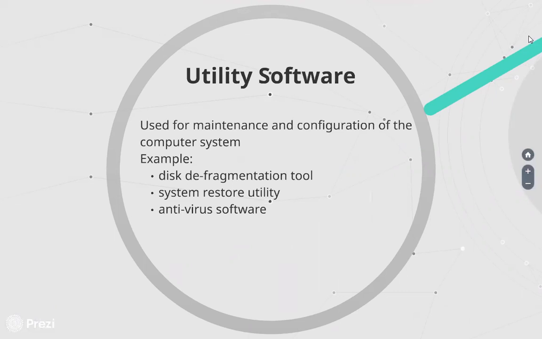Disk defragmenter, what it does: whenever you are storing your files on the hardware, they are not stored at a particular place. Wherever the system finds place, it stores your files in those areas. So they can be all together or maybe scattered in the hardware system.